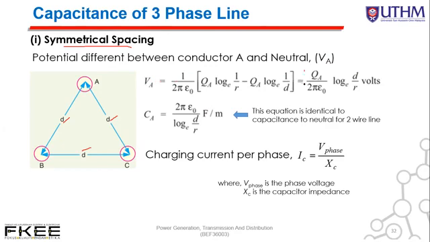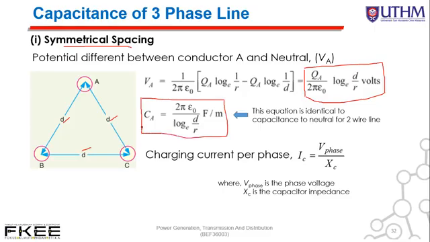This equation that we discussed previously, we can use to calculate the potential of conductor A. So we can also calculate the capacitance CA as 2 pi epsilon naught divided by log D over r.